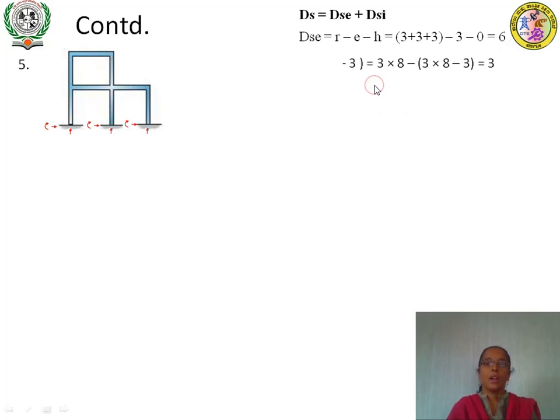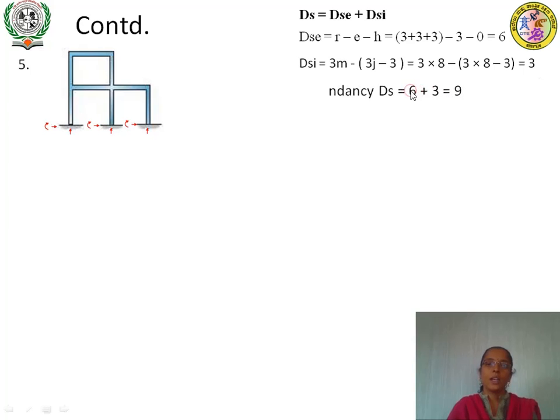And internal indeterminacy is 3 into the number of members, 1, 2, 3, 4, 5, 6, 7, 8, 8 members are there. 3 into 8 minus joints, 1, 2, 3, 4, 5, 6, 7, 8, 8 joints are there. 3 into 8 minus 3 into 8 minus 3, so if you simplify it, it will be 3.